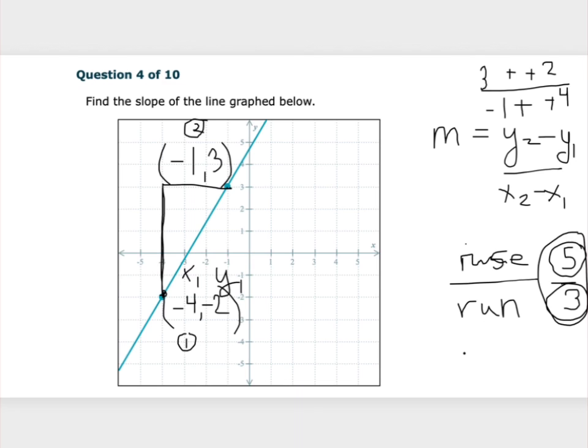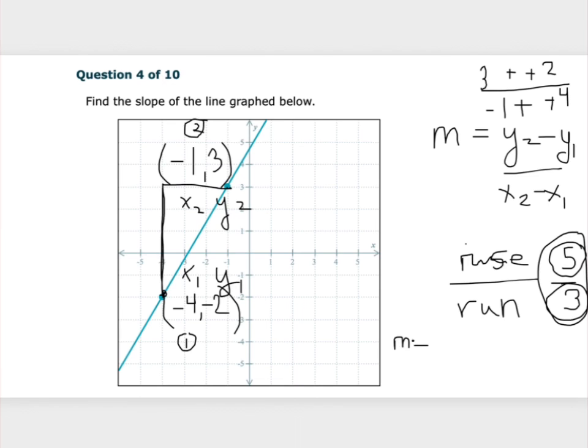So I'm going to write that again, even though I already have it on the slide, just because my work is above my video chat here. This is the second point, so this is x sub 2, and this is y sub 2. So I'm going to put this down again.